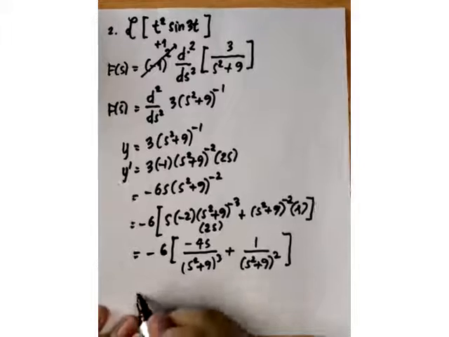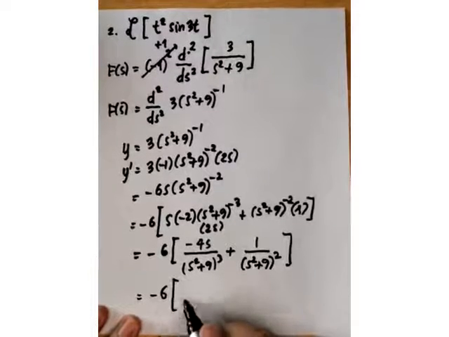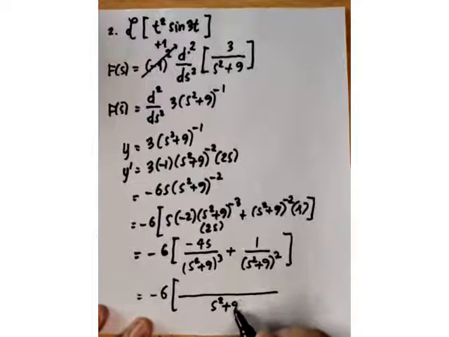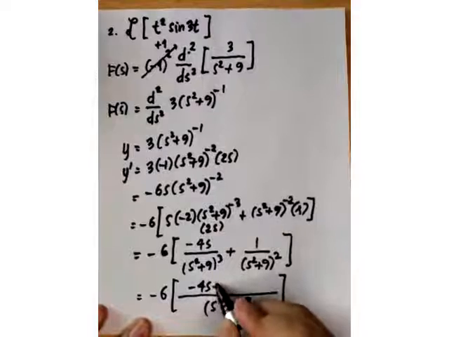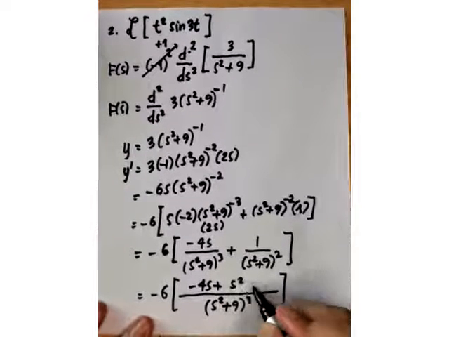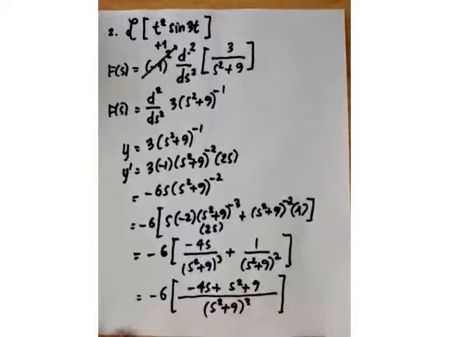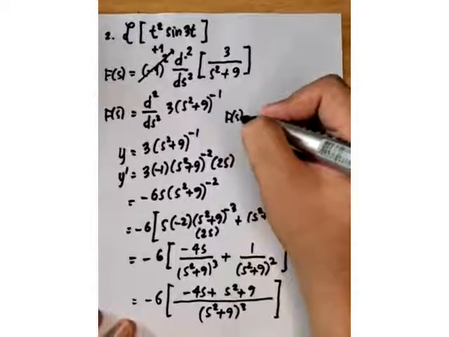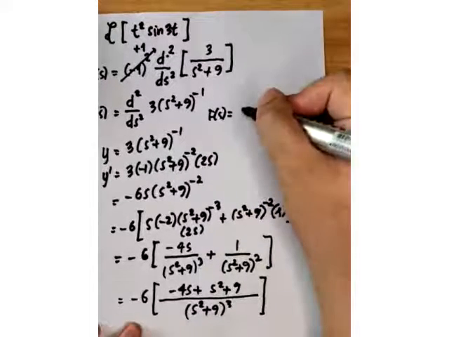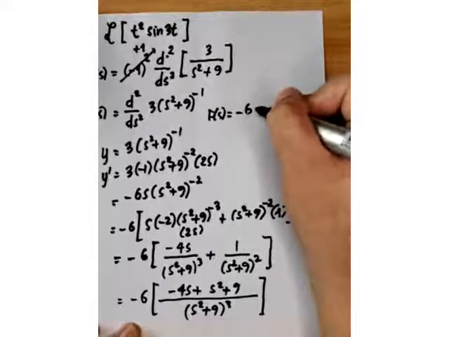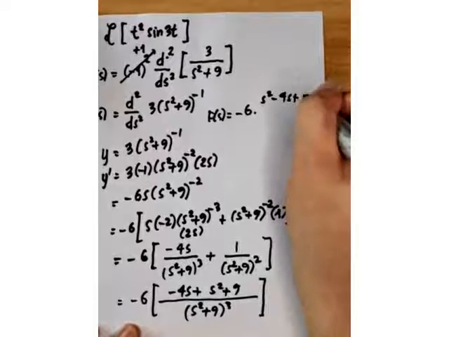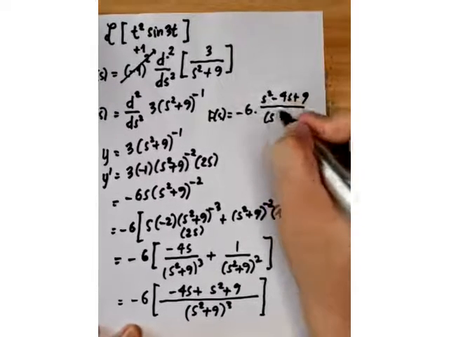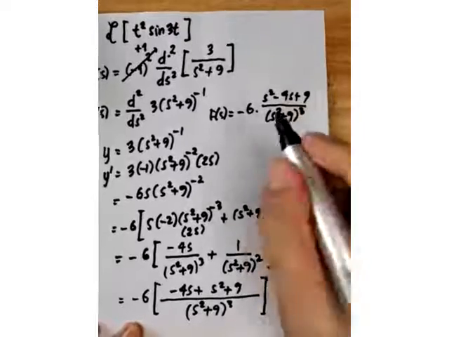Then i-add natin. So that will be negative 6 times s squared plus 9, yung LCD is 3. So ito ay magiging negative 4s plus s squared plus 9. So, ang sagot ay, okay, final answer na ako, is equal to negative 6 times s squared minus 4s plus 9 all over s squared plus 9 raised to 3.